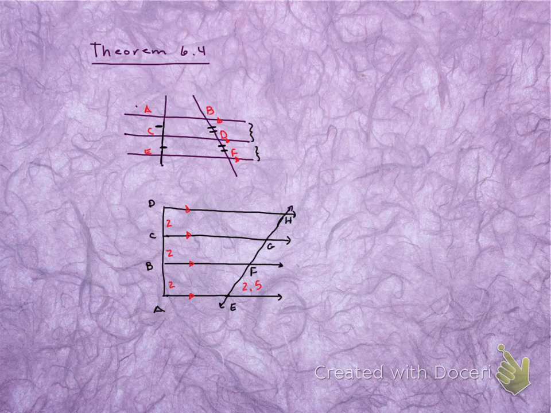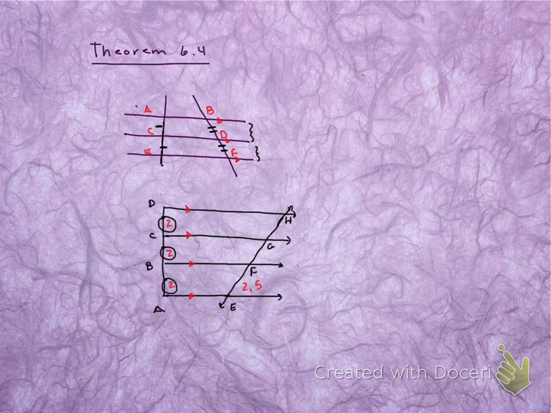So we can use that theorem on the quick check 4. I can see that these lines are all parallel because they are marked that way. And the transversal here, that line right there, the transversal cut off congruent segments AB, BC, and CD all measure 2.